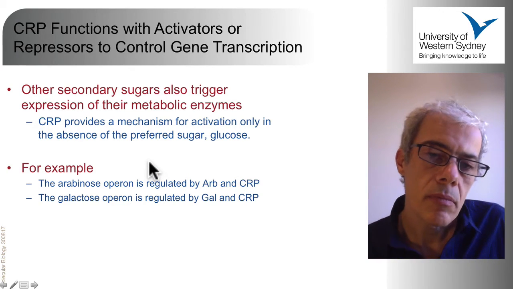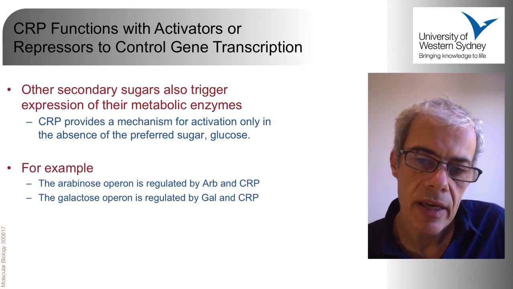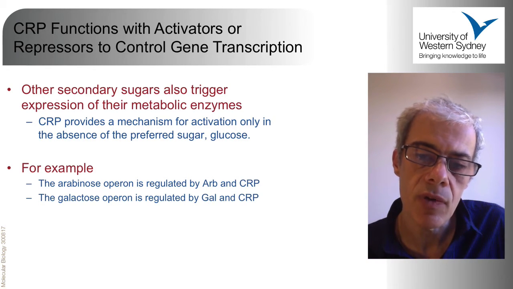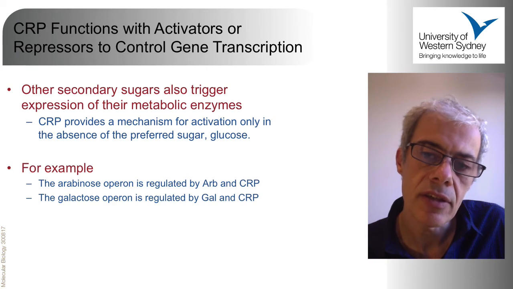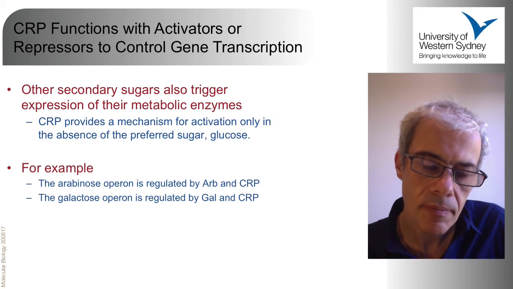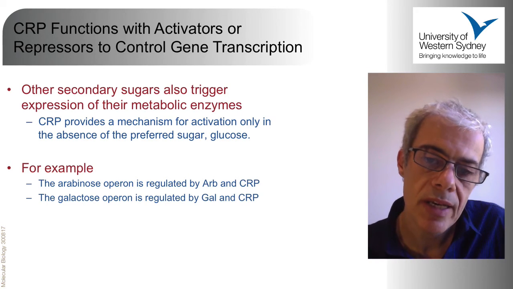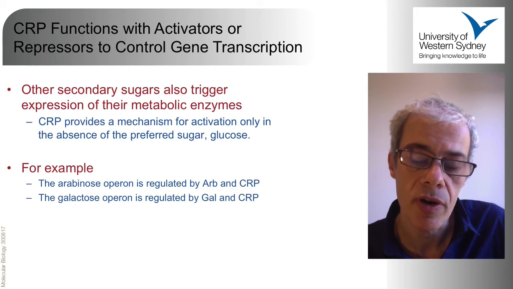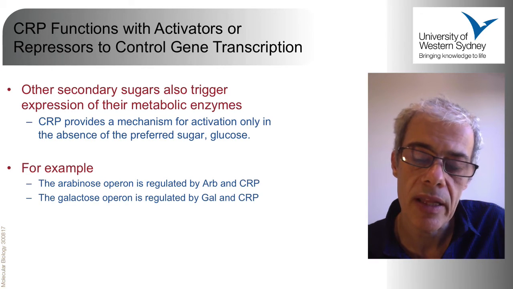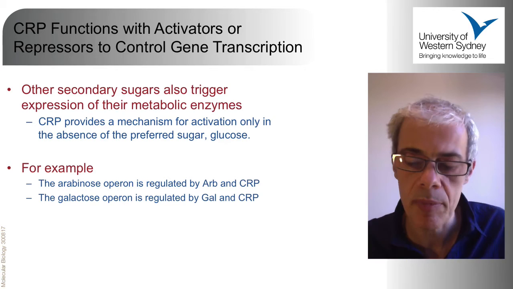So in this way, glucose, the preferred energy source, can regulate the expression of genes for other sugars. Okay, so when glucose is present, these other genes are downregulated. When glucose is absent and arabinose is present, or when glucose is absent and galactose is present, then the arabinose or the galactose operon can be activated, in the same way that the Lac Operon is partly regulated by the presence or absence of glucose.